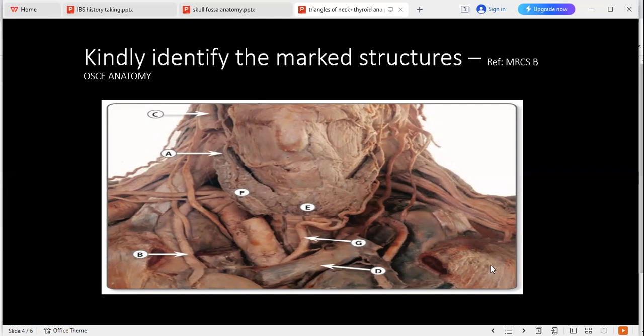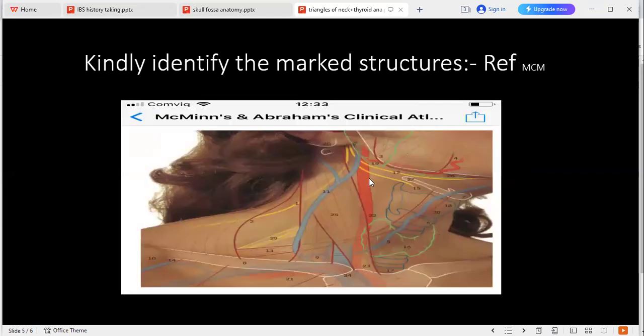Moving on. Can you please tell me if you can identify this red structure? This one is not very clear, but it could be the external carotid artery. Can you please tell me the course of the external carotid artery?